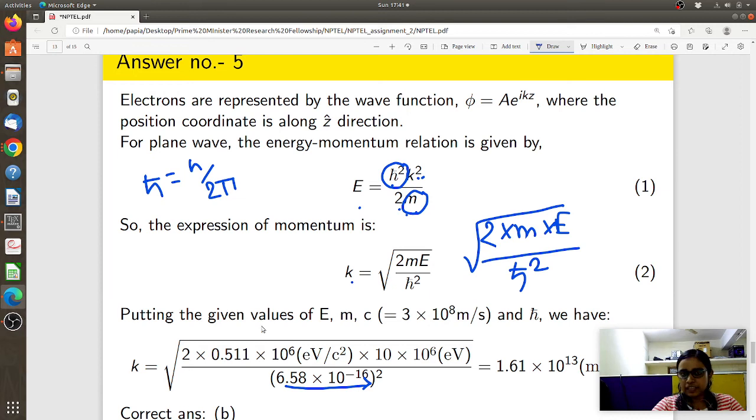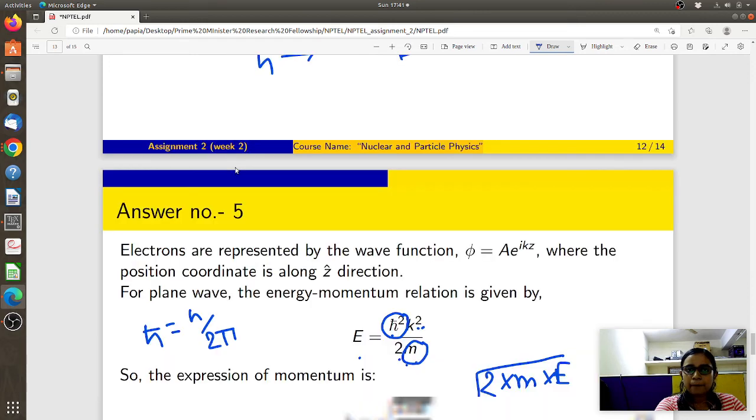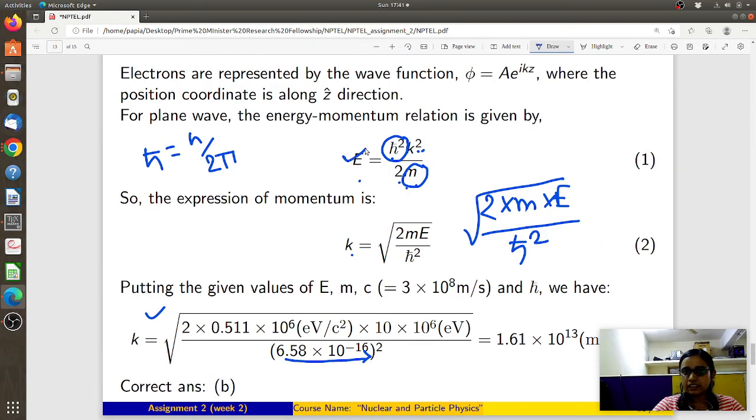But one thing is that when we calculate the value of k, there should be one mistake. The mistake is that the expression gives the value of momentum in units of meter inverse. But right now we are talking about energy in MeV, and h bar is in units of eV.